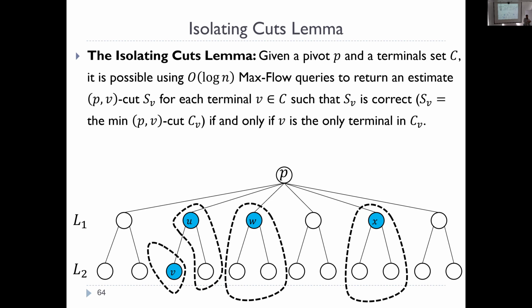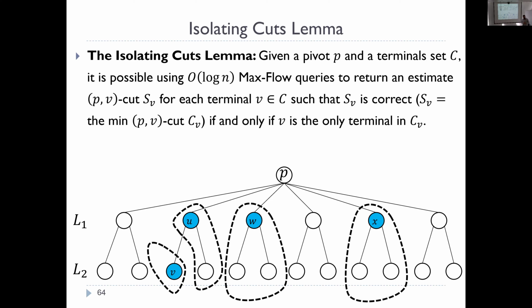However, for the node U, this is not the case. You have 2 terminals on the side of U of the cut between P and U. So if we had one Gomory-Hu tree for the graph, then the cut you get is not correct.